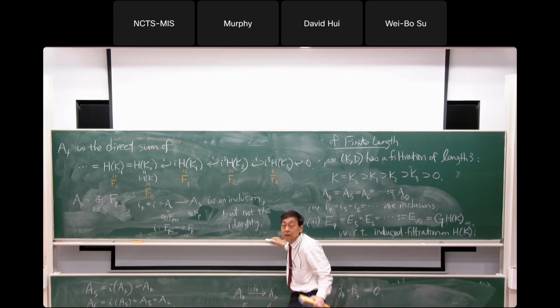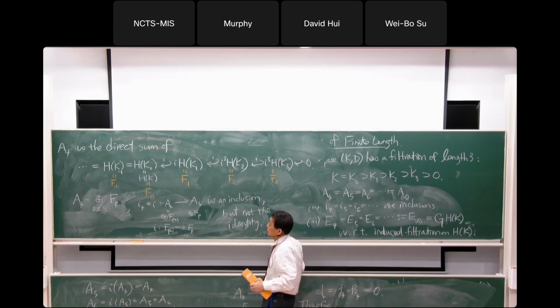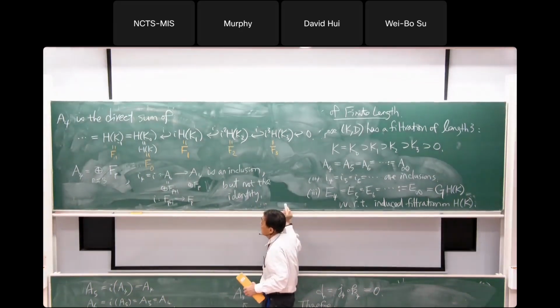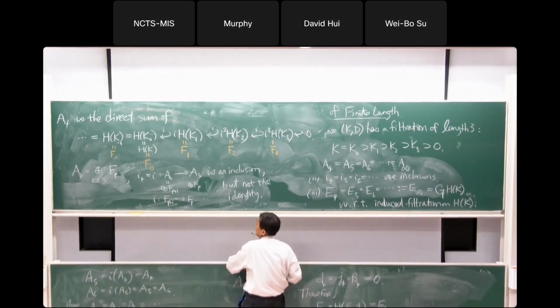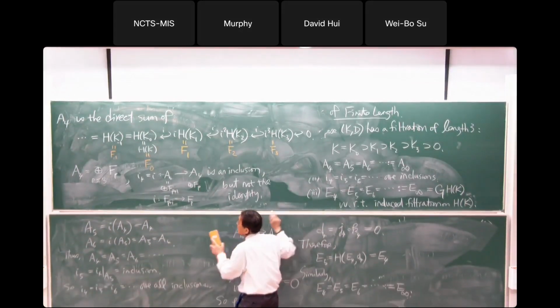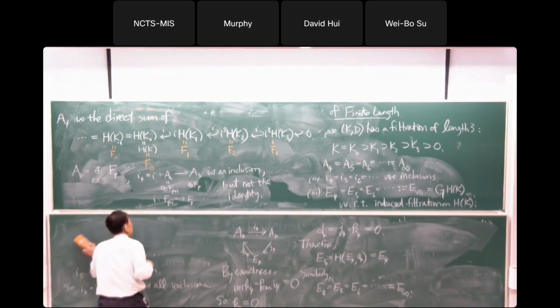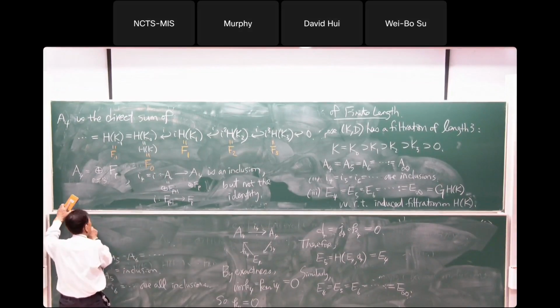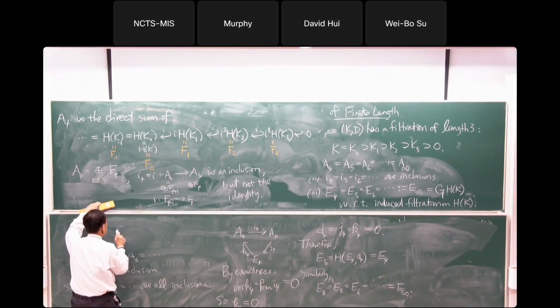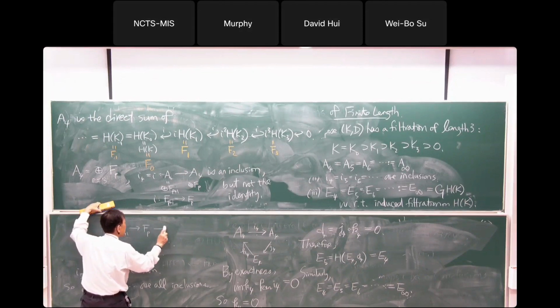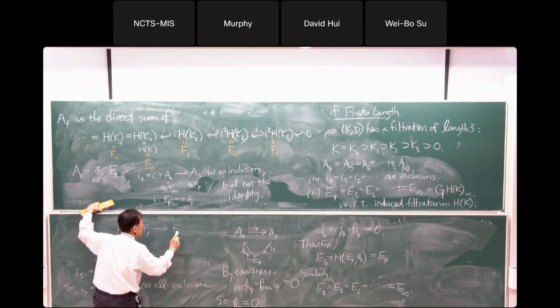And therefore, its quotient is not 0. So the quotient is Fp over Fp plus 1.